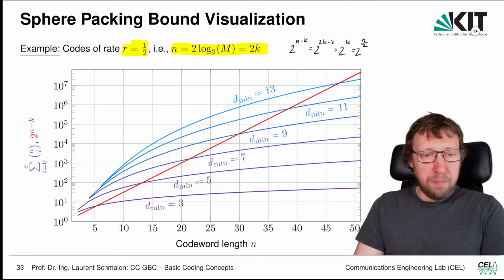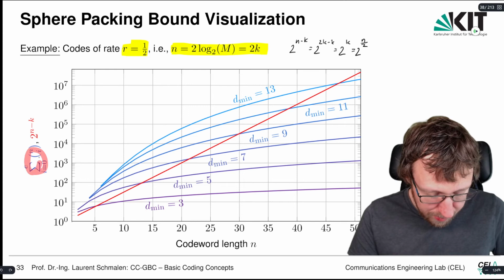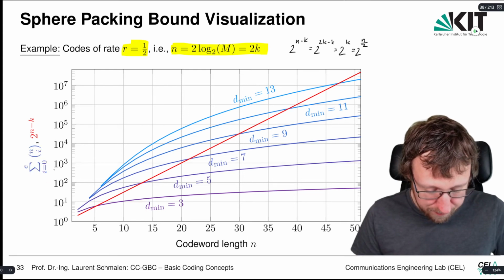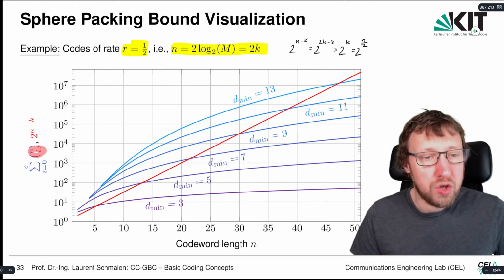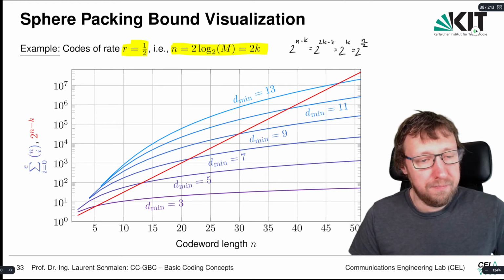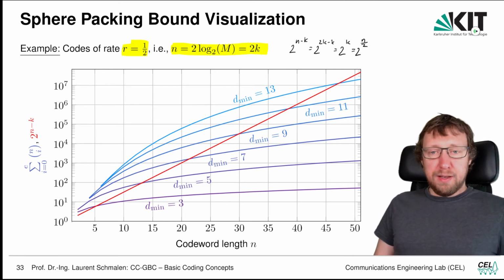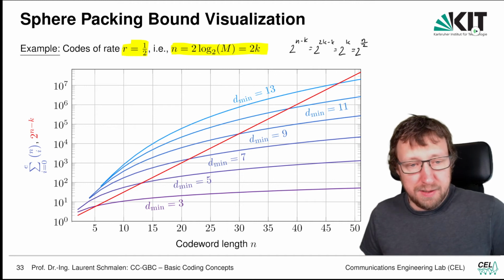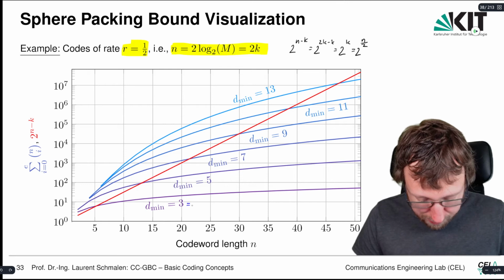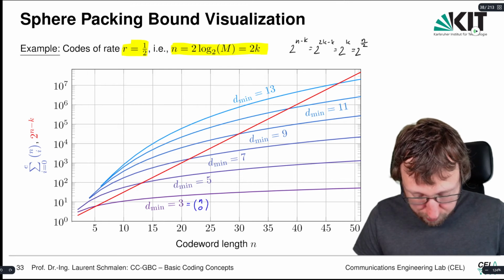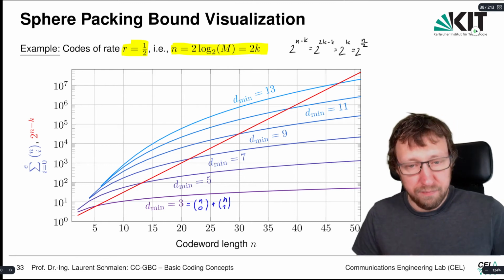And then we plot the number of points, so the sum from 0 to E of n choose i. We do this for different values of the minimum distance. So for the minimum distance of 3, this would be equal to n choose 0 plus n choose 1, because E is equal to 1.